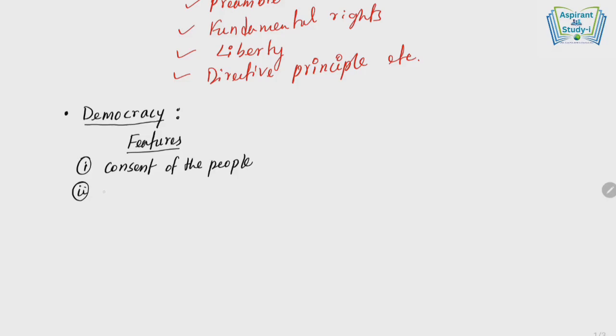Governments are formed by election, so elected government. Will of the people is important.